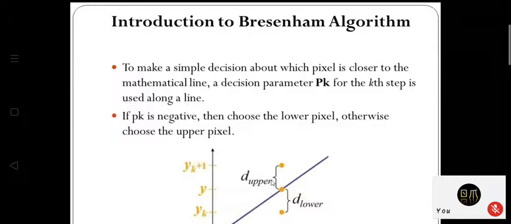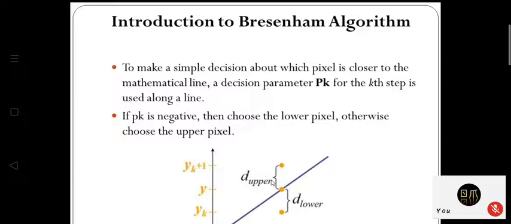Now again, as you can see from the diagram over here, there is a straight line which is drawn. Now, this straight line is passing through a point. For that particular point, there are two nearby pixels. The one pixel is above that particular line, and another pixel is below that particular line.